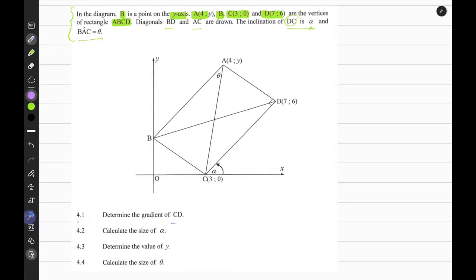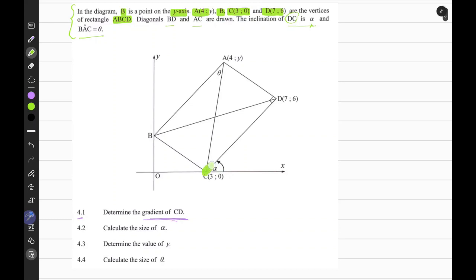In the first question they say determine the gradient of line segment CD. In other words, they want the gradient for this line segment here, CD. So we can substitute the coordinates of these points into the gradient formula. That is m_CD equals (yC minus yD) over (xC minus xD).